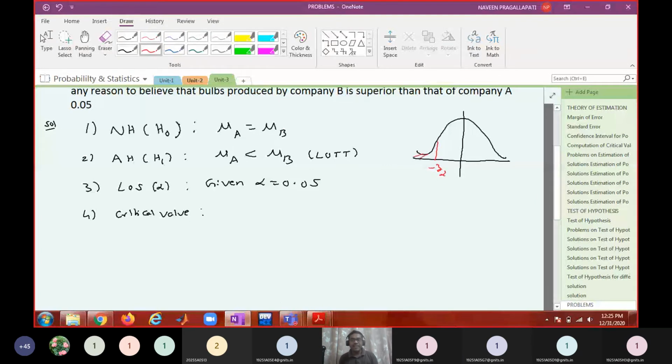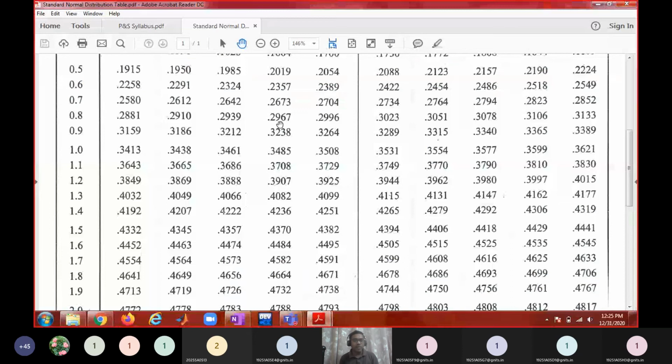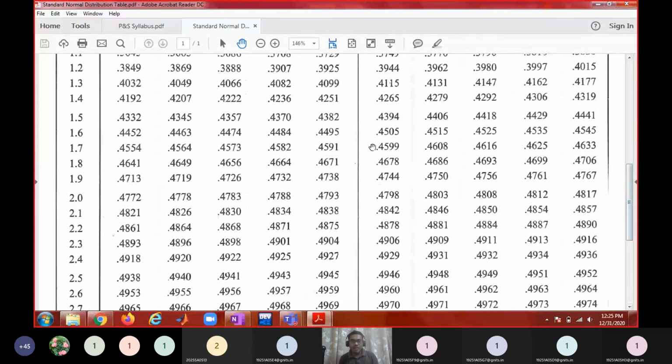So what is this left side area? This is going to be 0.05. That means this area is going to be 0.45. So when I see this area, I have to look for 0.4500. Where is 0.4500? It is exactly in between these two. That means I have to take the average of the corresponding Z values.